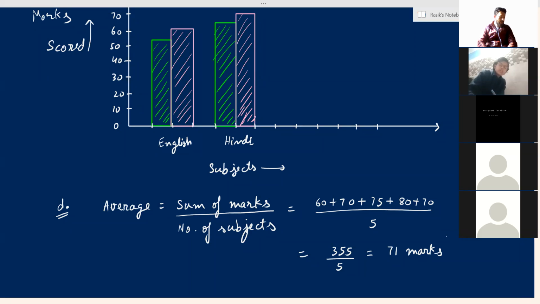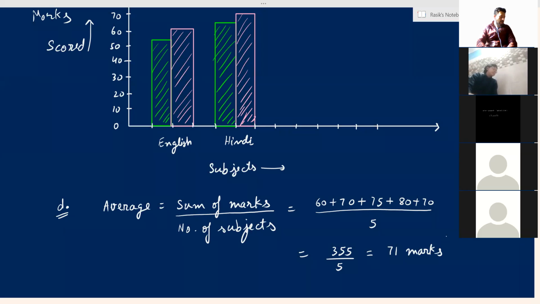There is a graph given in question 5 of the number of children absent on each day during a week. Each unit of graph stands for 5 children. So you can see that one block is for 5 children.